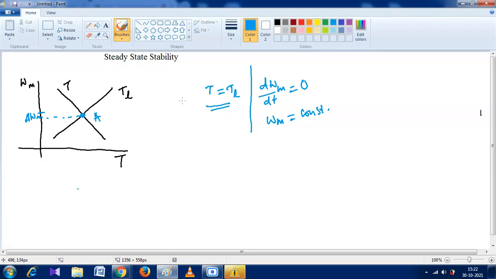Can we say that? Yes, sir. That means the motor load system will rotate with a constant speed.